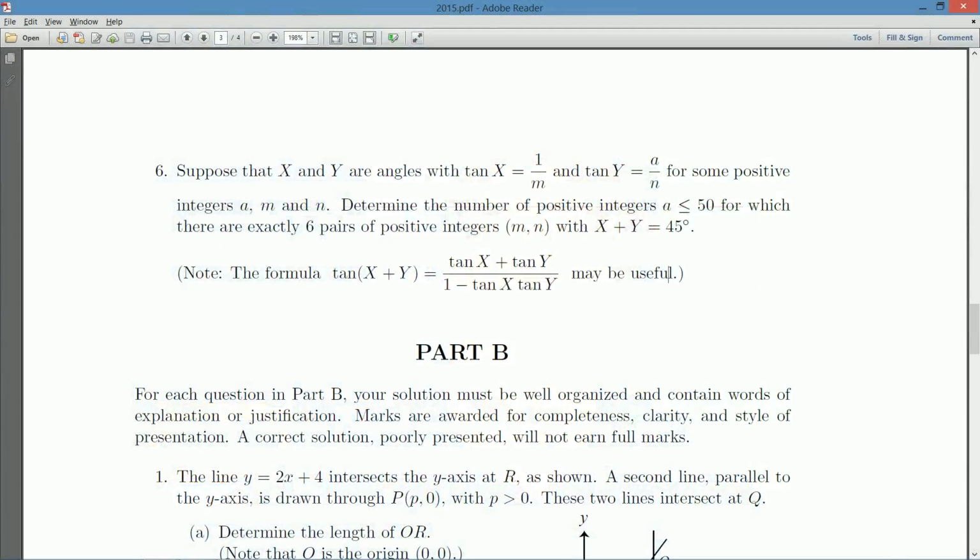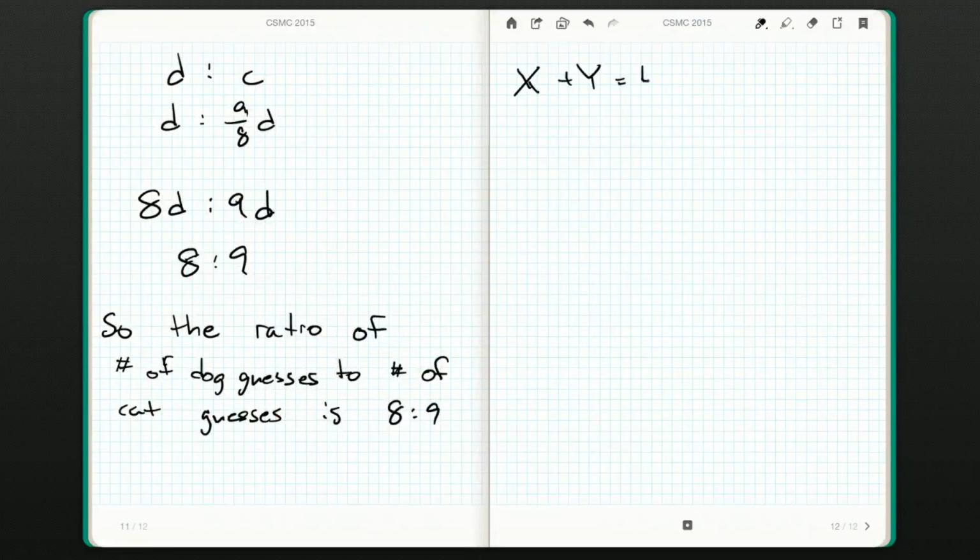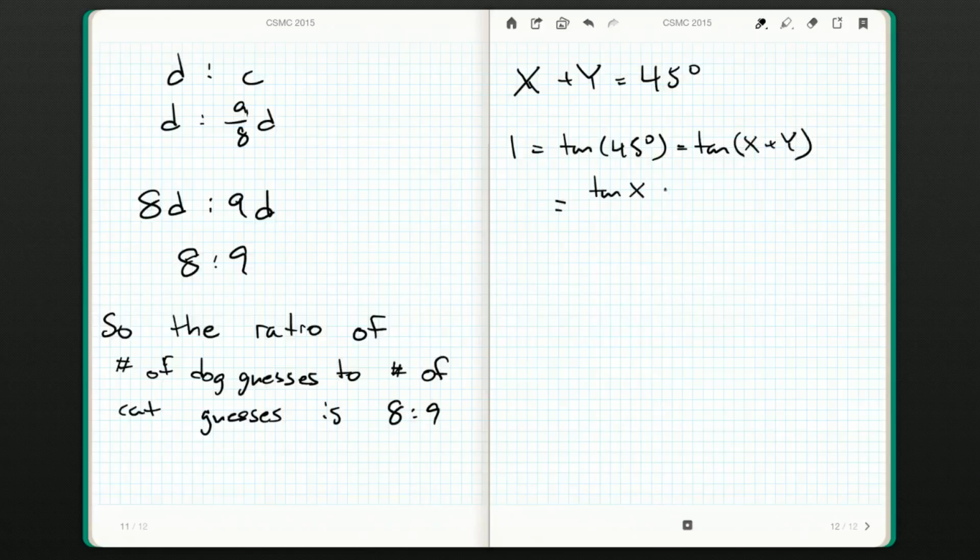So we'll take the x plus y is 45, and we'll plug that into our tangent formula. So 1 is the same as tan of 45, and that's tan of x plus y, but that's tan of x plus tan of y, all over 1 minus tan of x tan of y.